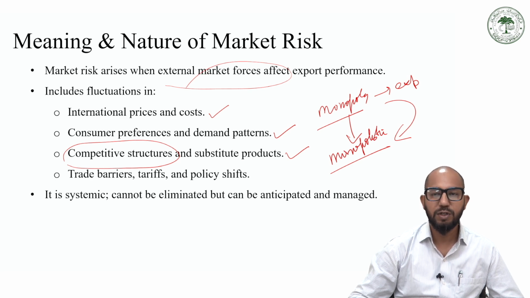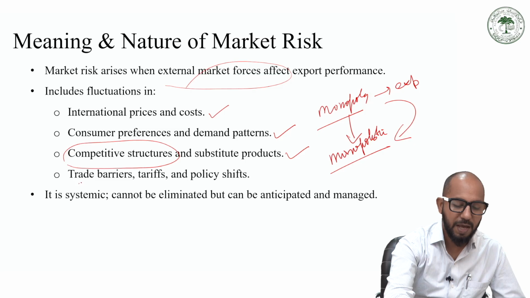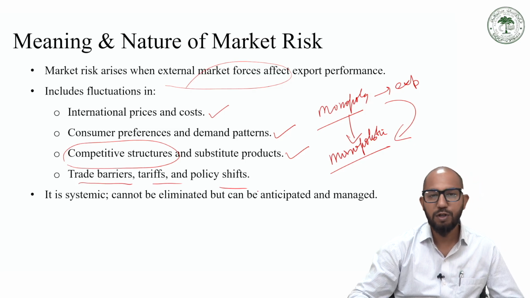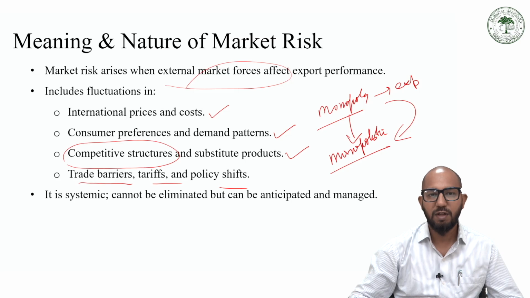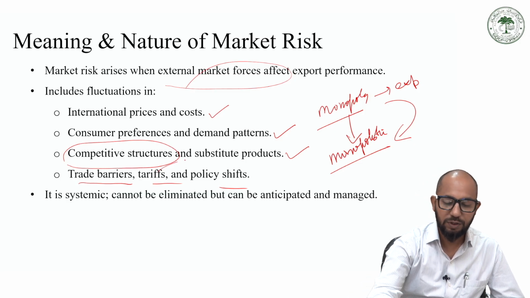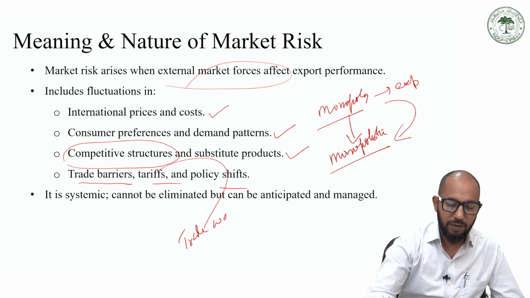In addition to that, we also have trade barriers, tariffs and policy shifts which also create market risk. As there may be substantial changes in the tariff rates between two countries, these are also risks which can emerge anytime. We have a very good example of tariff barriers in the trade war between USA and China.